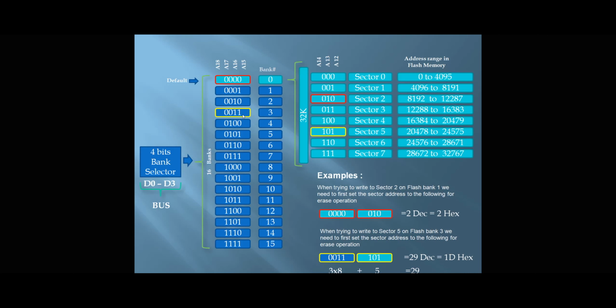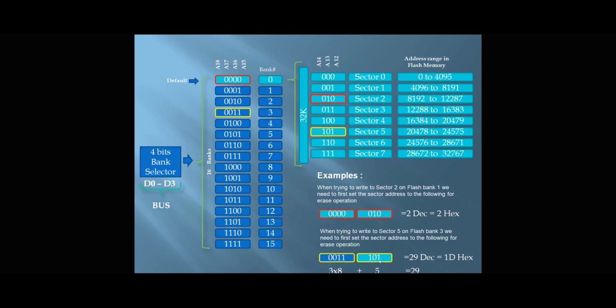In this case, they are highlighted with yellow borders here. If we do a binary add between the flashbank ID and the remaining 3 bits here, we could point exactly to the absolute sector number across all the flash memory for this memory space.